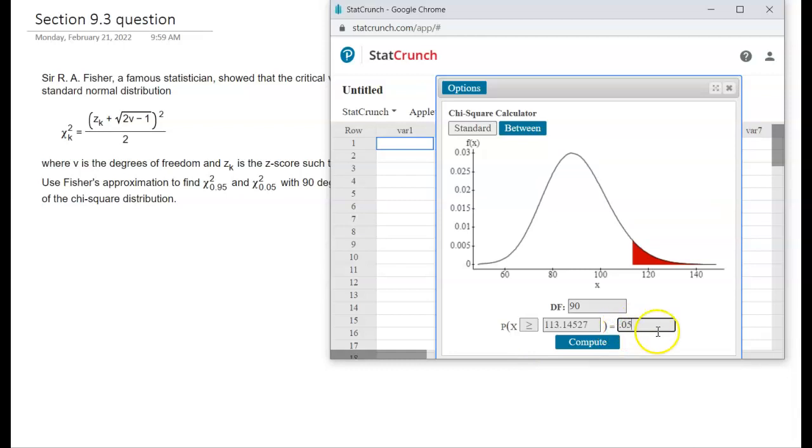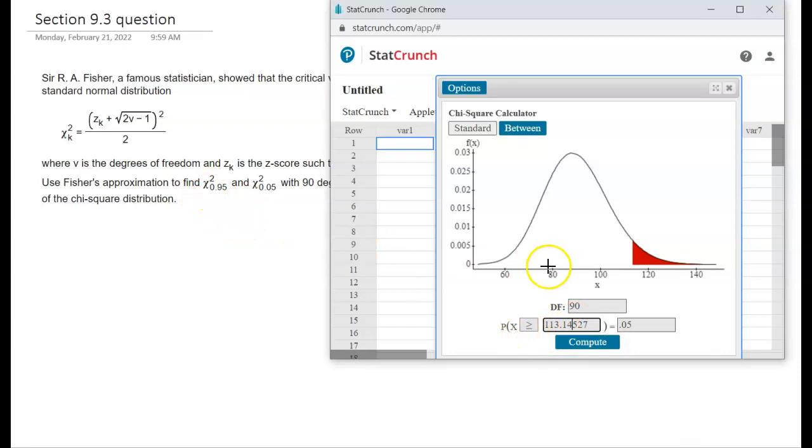Remember, when we're asked to find this value, we're looking for the value on the x-axis where 0.05 of the curve is above that number. So that's this number right here. Your answer for 0.05 is going to be 113 point and then however many decimal places they want.